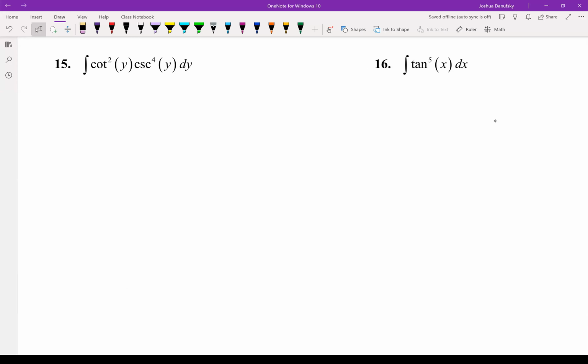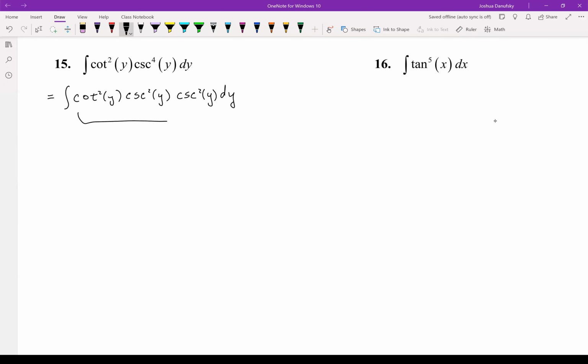Number 15, here we've got cotangent squared and we have cosecant to the 4th. So we have even powers on both cotangent and cosecant. The first thing I'm focusing in on is the fact that it's nice to have a cosecant squared dy here, because the derivative of cotangent is negative cosecant squared.